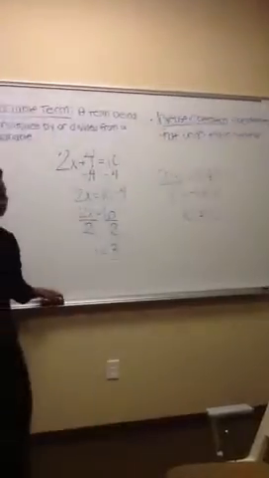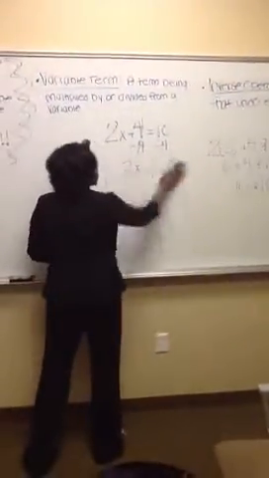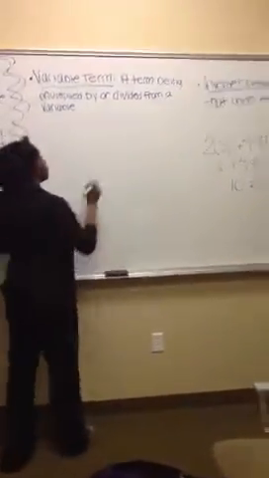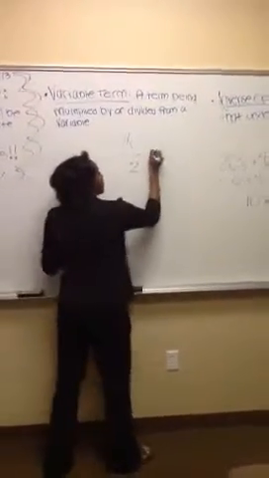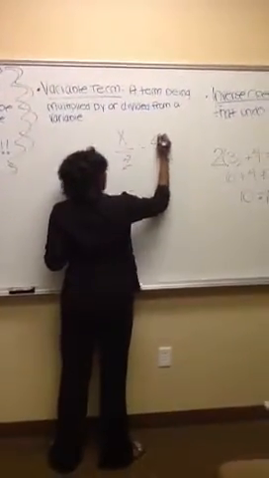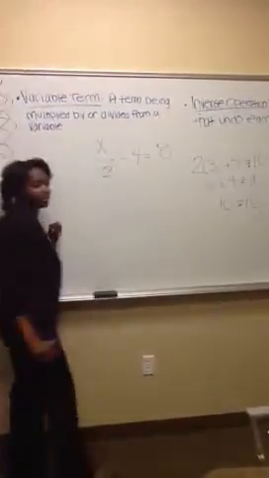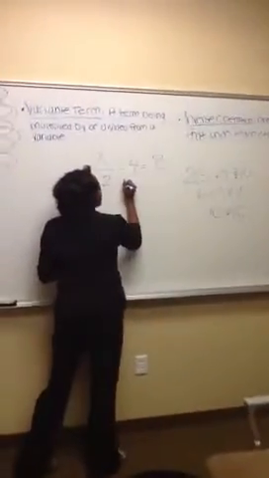That make sense? Yep. So another way that our two-step equations may be written is if it's division. So it may be written as x over 2 minus 4 is equal to 8. So we would add 4 to both sides.